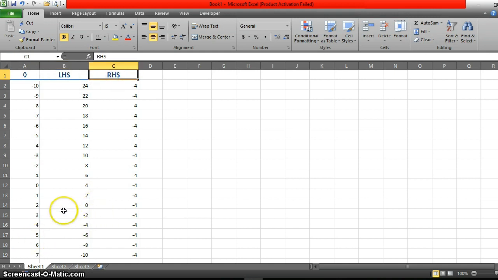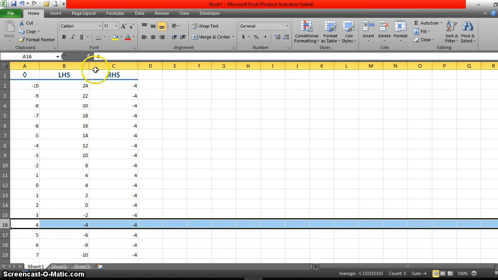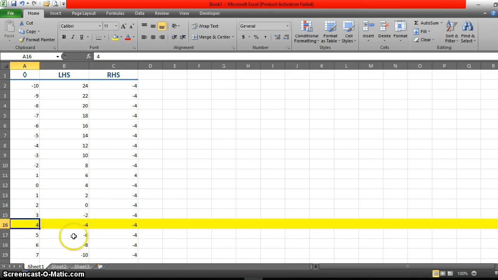So here, the left hand side is minus 4 and the right hand side is minus 4. So the correct value for this equation is the rhombus is equal to 4.